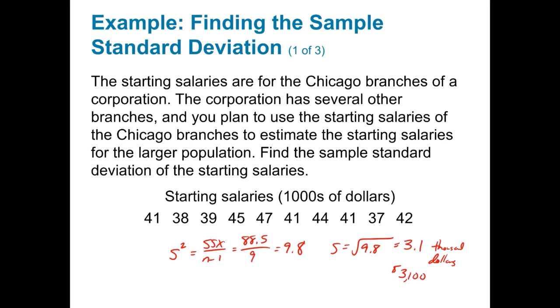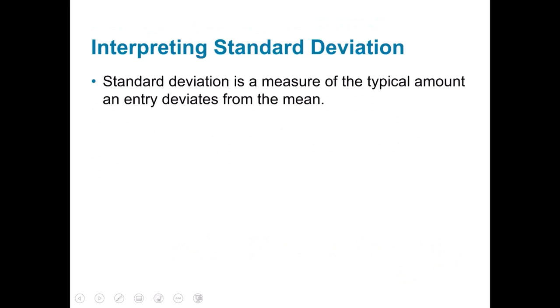So why do we go through all this trouble of finding this standard deviation? Well, basically, what standard deviation is, it's literally a measure of the typical amount that an entry is going to deviate from the mean. So in other words, most of your data is going to be within one standard deviation of the mean.